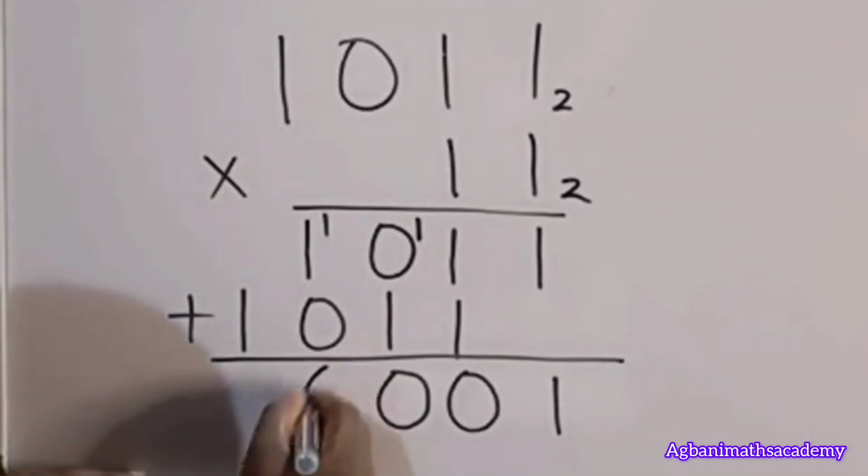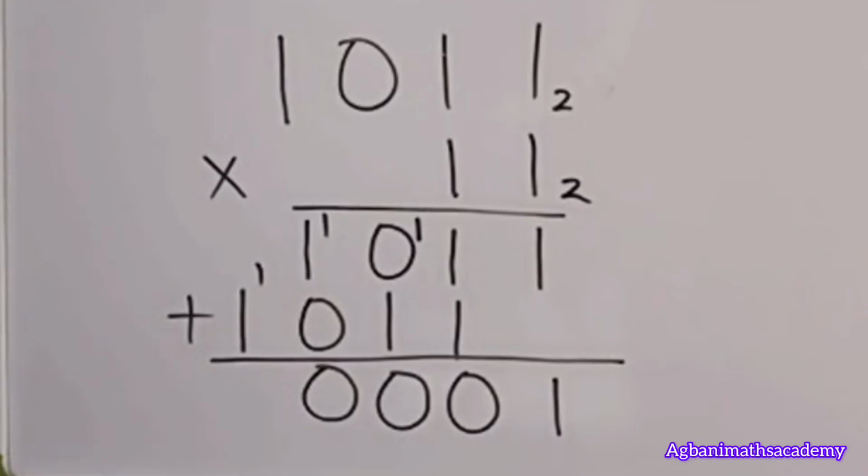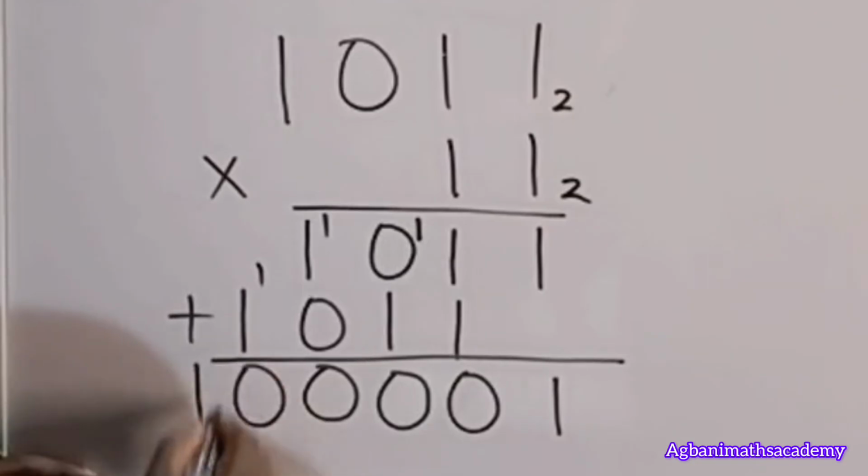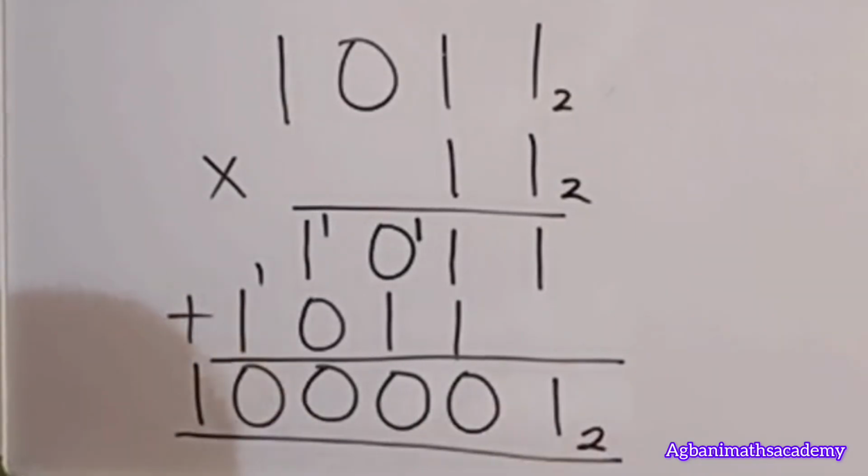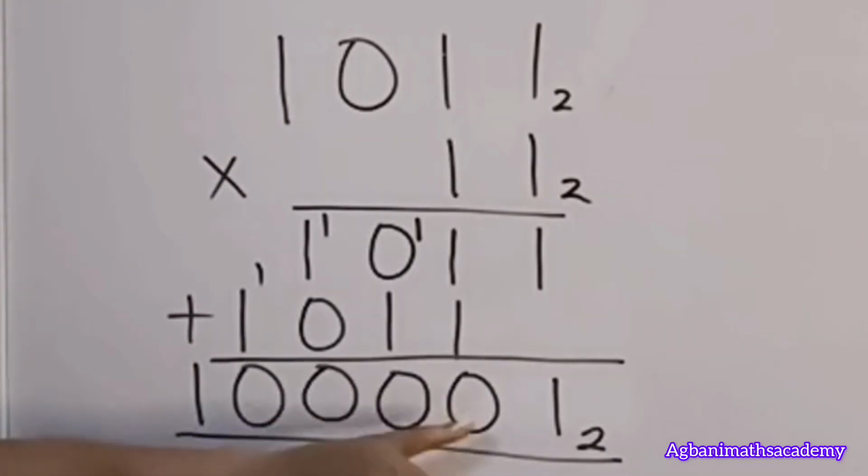We write 0 here and put 1 here. 1 plus 1 gives you 2. Converting it, you also have 1 and 0. So this is the final answer, 1 0 0 0 0 1 base 2.